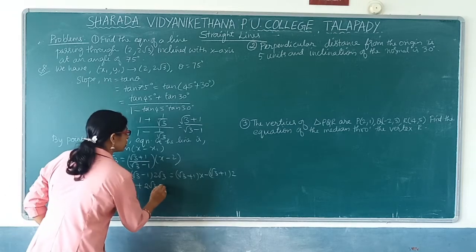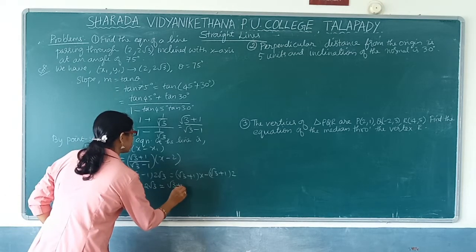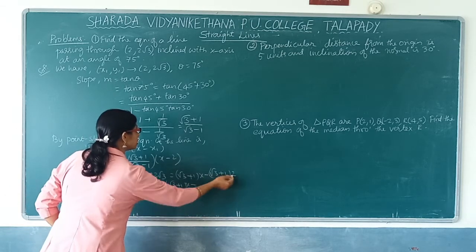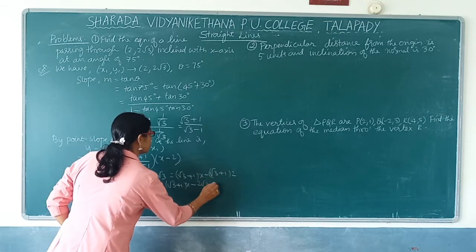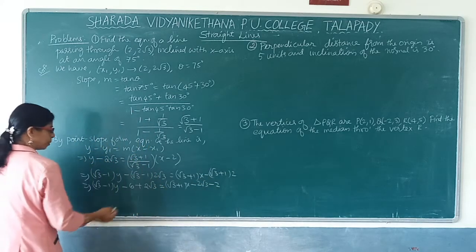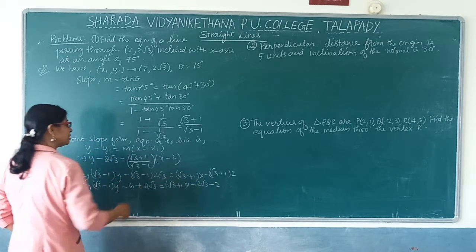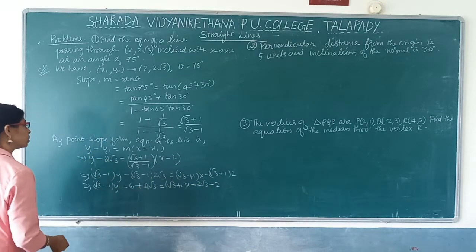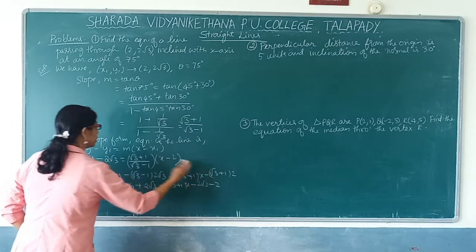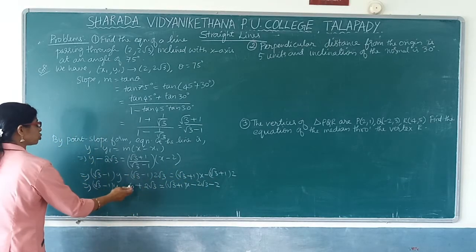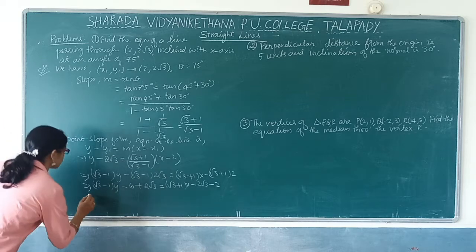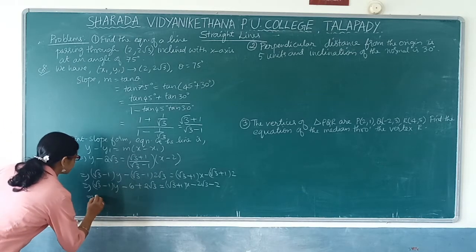That is equal to root 3 plus 1 of x minus 2 root 3 minus 2. So plus 2 root 3 on the other side, when you bring it this side, it will become plus 2 root 3 itself. And minus 2, when you bring this side, it will become plus 2. Minus 6 plus 2 is minus 4. So what we can do?